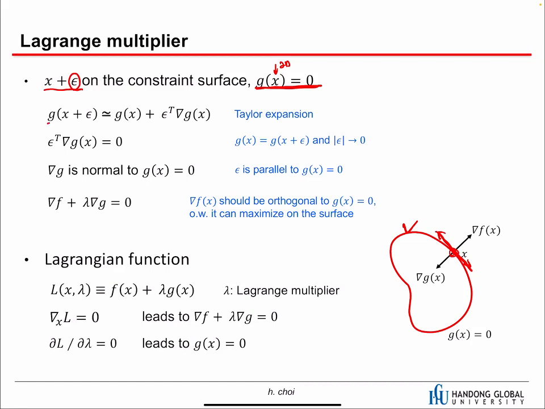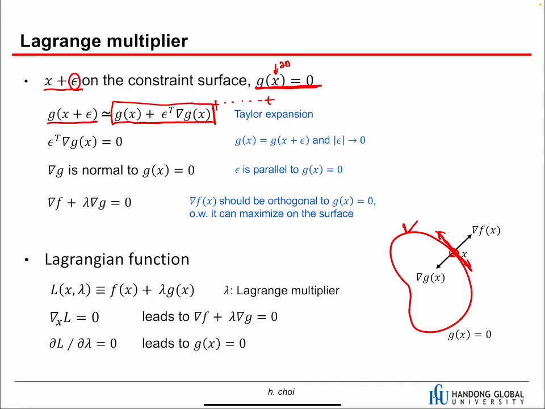Now, g of x plus epsilon can be rewritten with the Taylor series. In the Taylor series we have lots of terms, but we ignore all the other terms and take just the first two terms. It's kind of an approximation again.